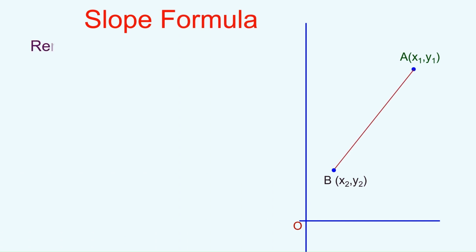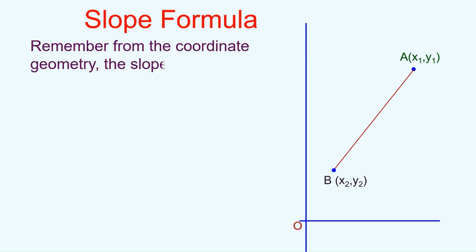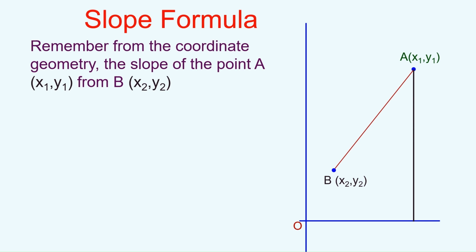The slope formula. Before we move further, we recollect our knowledge of the slope formula from coordinate geometry. The slope of the point A (x1, y1) from the point B (x2, y2).